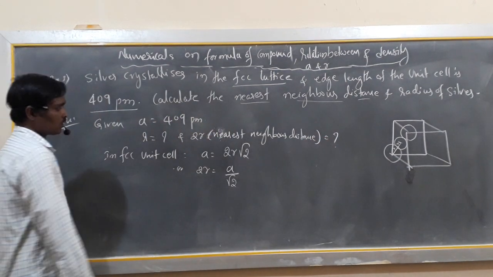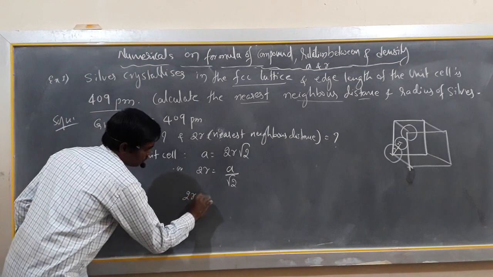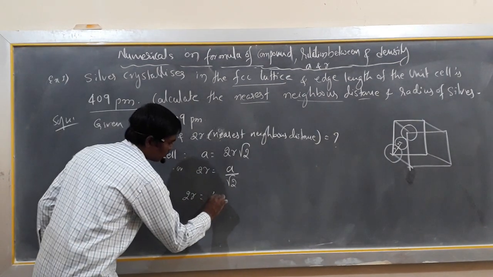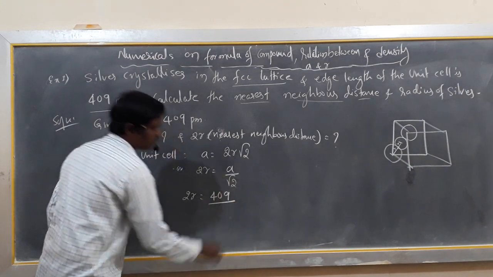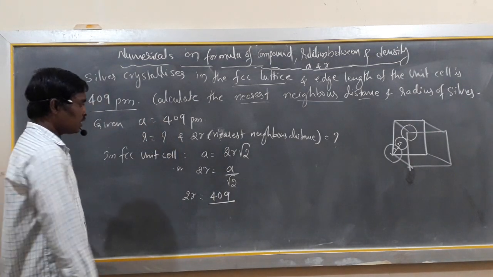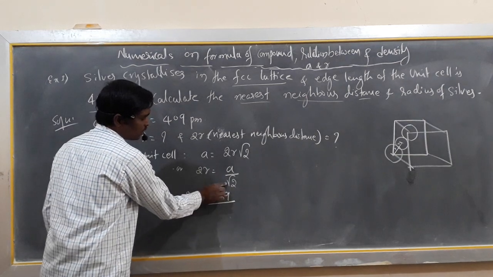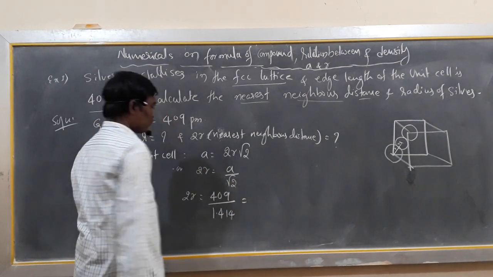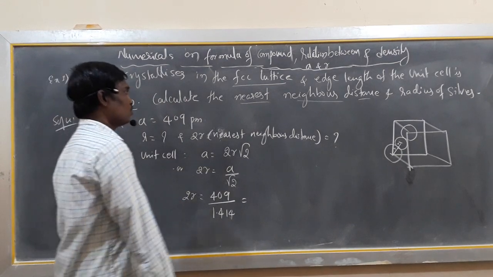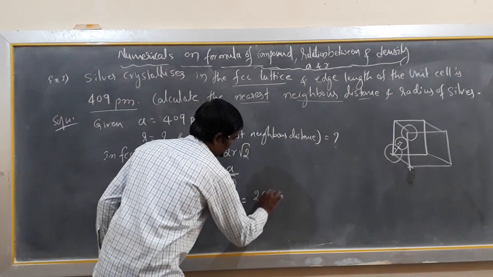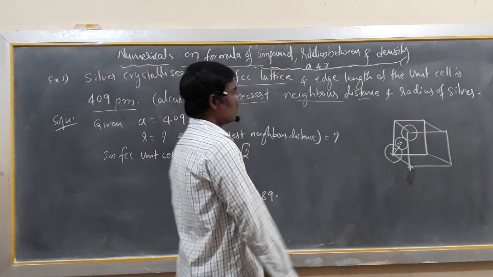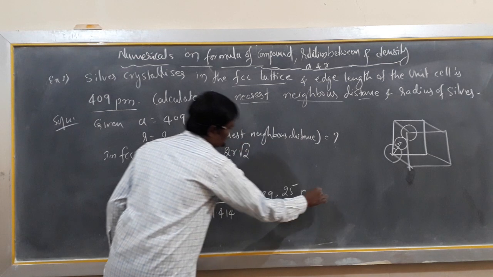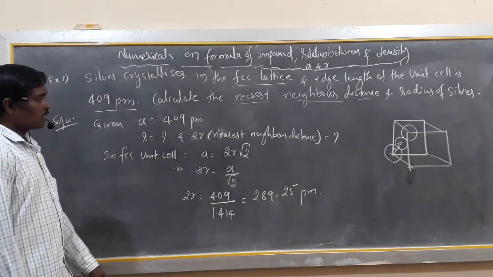So therefore 2R is equal to A, substitute the A value, 409 picometers, divided by root 2, whose value is 1.414. So therefore 2R is equal to 289.25 picometers. Okay. So this is the nearest neighboring distance.